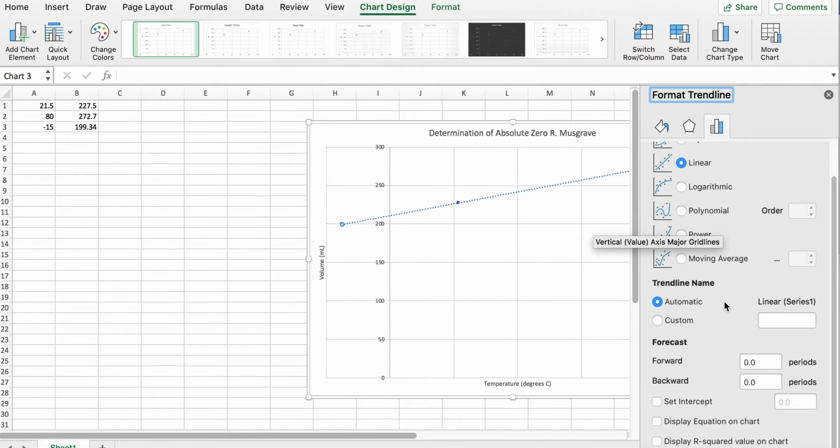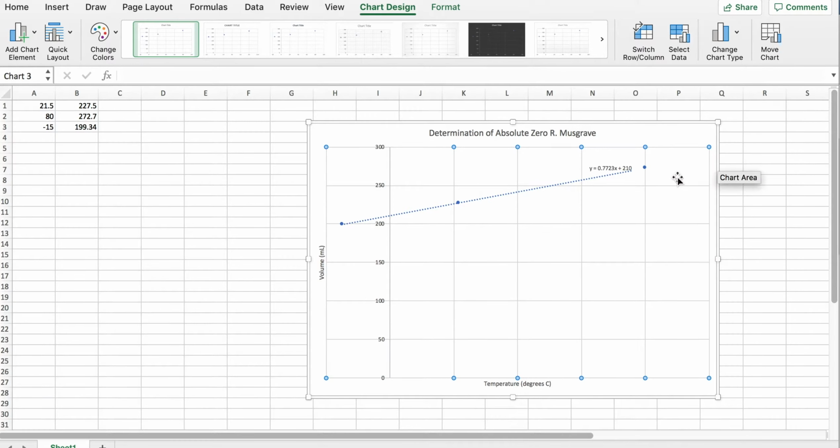So we've got trend line, and we want to display the equation on the chart, and this will allow us to get our slope and our y-intercept. Now the y-intercept is this value here where the line crosses the y-axis. The slope we have to get off the equation here.